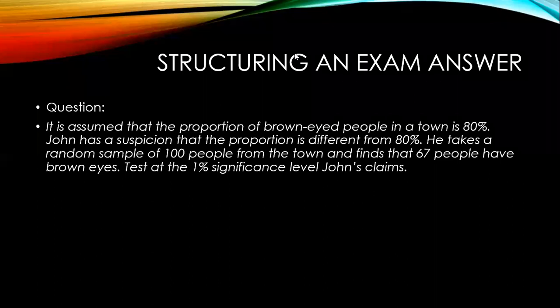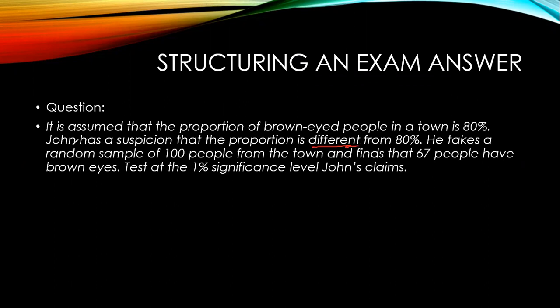This is really key. With these statistics hypothesis test questions, we've really got to interpret the wording of the question. If the question said John has a suspicion that the proportion of people with brown eyes is less than 80%, it becomes a one-tailed, lower-tail hypothesis test.